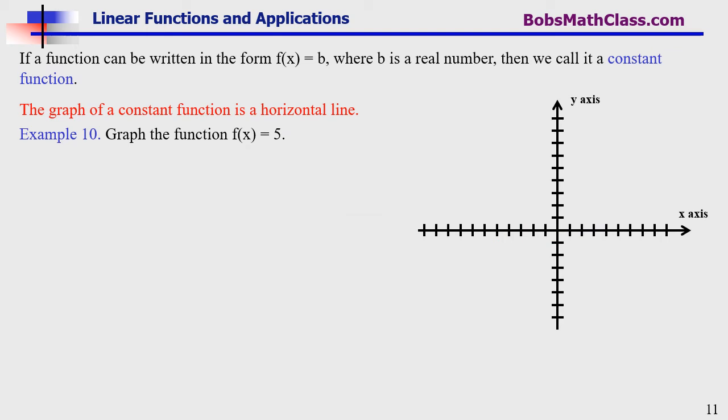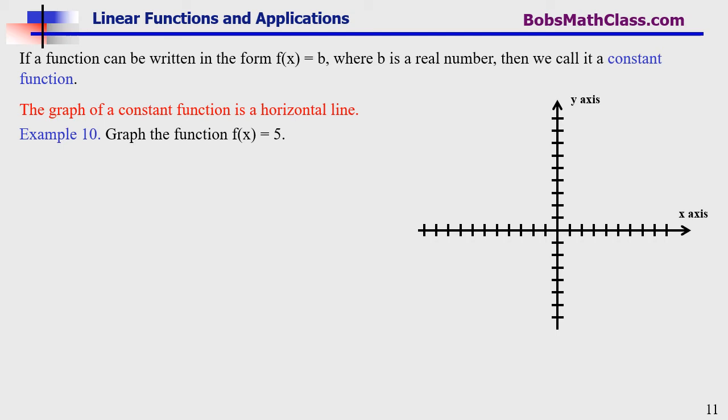Here's another function. If it's in the form f of x equals b, and b is a real number, then we call it a constant function. And the graph of a constant function is a horizontal line. So in this case, there is no slope. There's no a, right? There's no x.